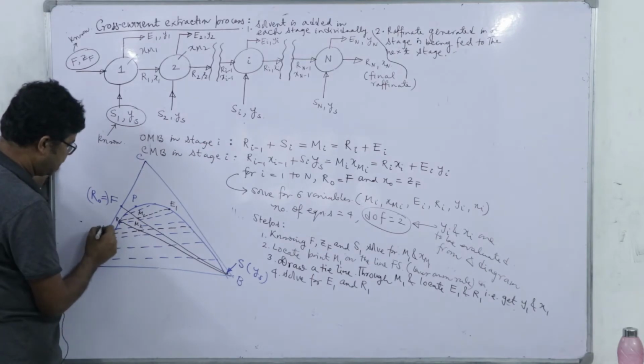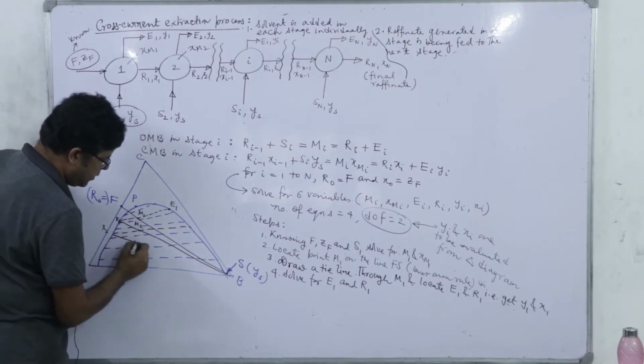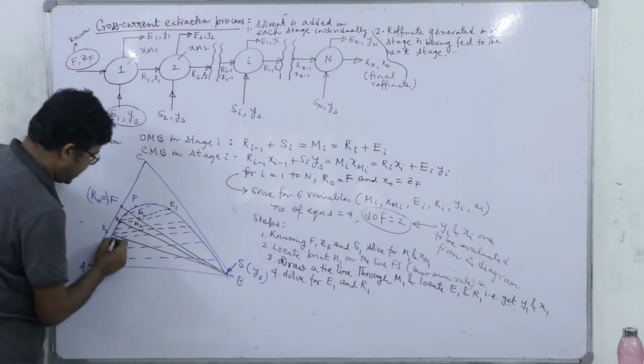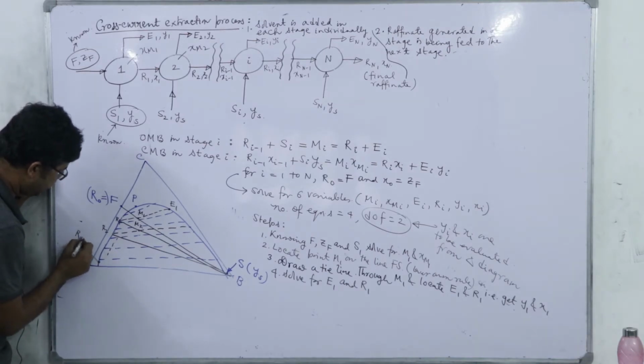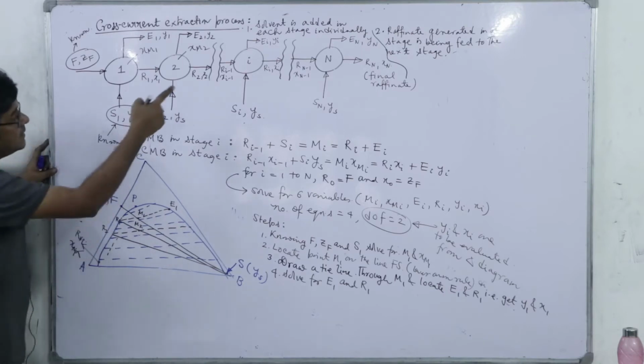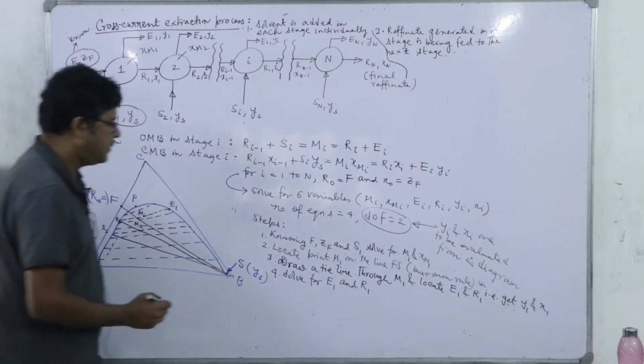So, this is R2, again go on repeating the same until you reach RNP, right. RNP, respective composition is XNP, that is less than the desired composition XN, right.